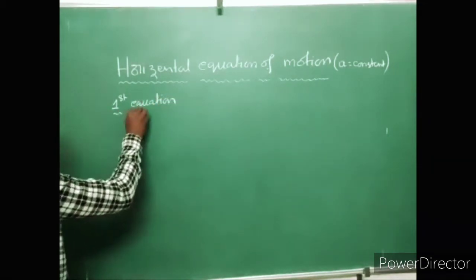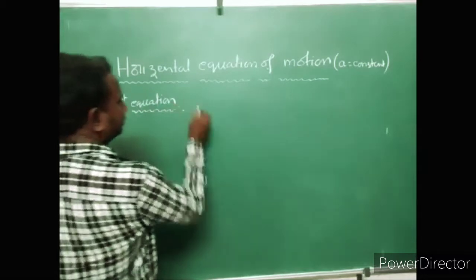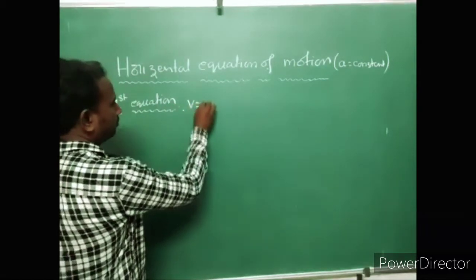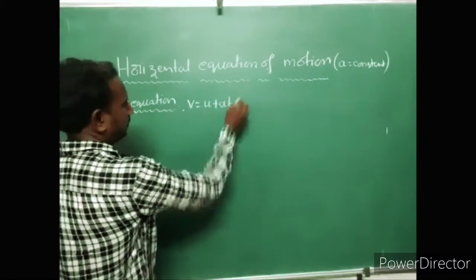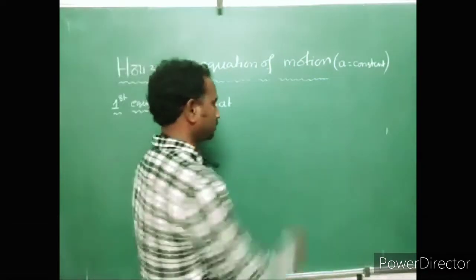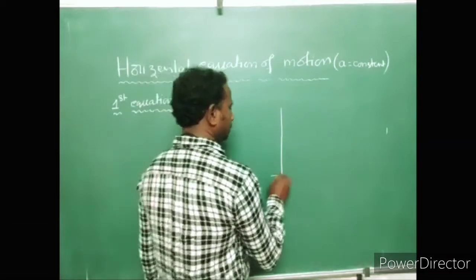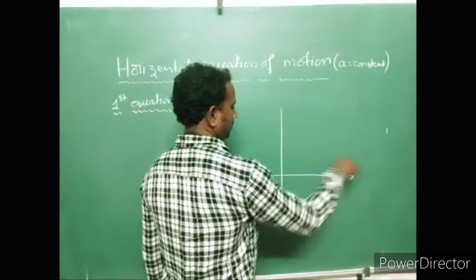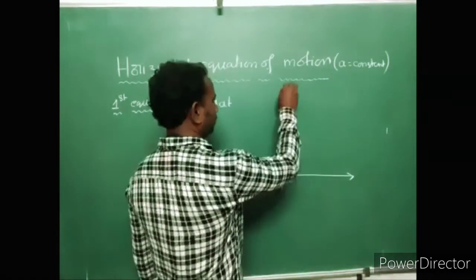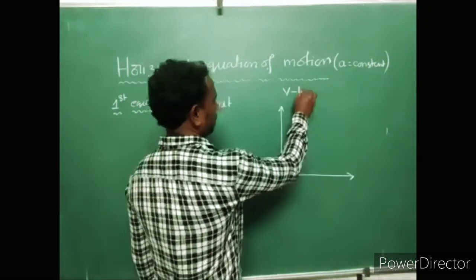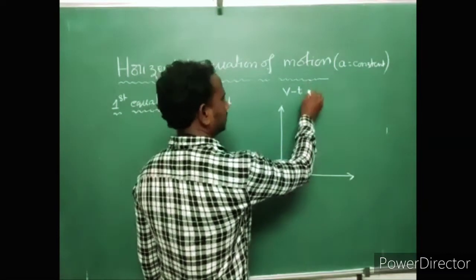First equation, V equal to U plus AT. We have to derive it with the help of the VT graph. Which graph is required for us? VT graph.